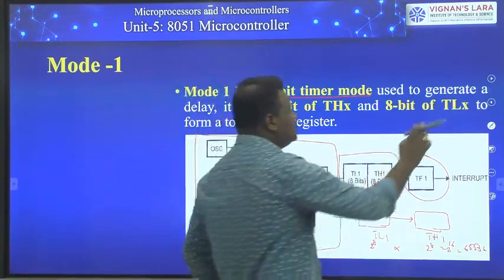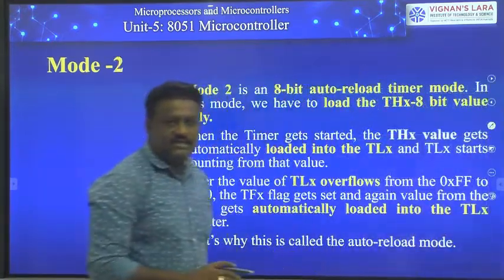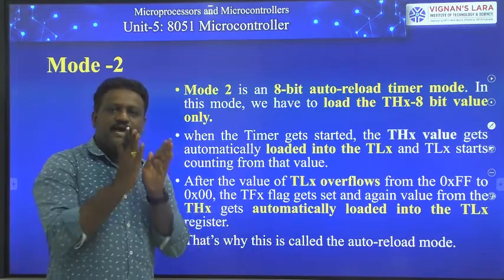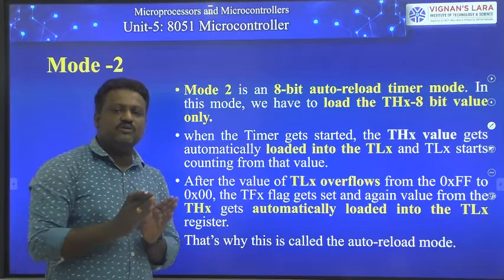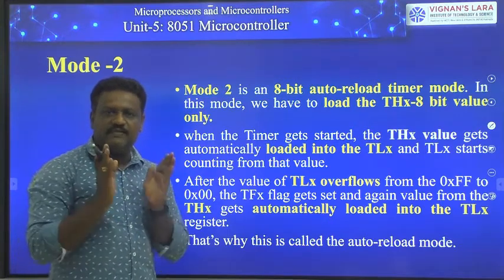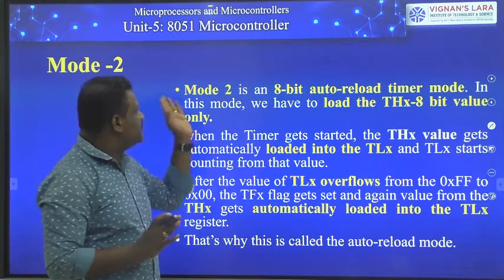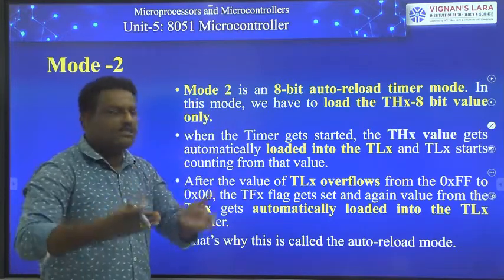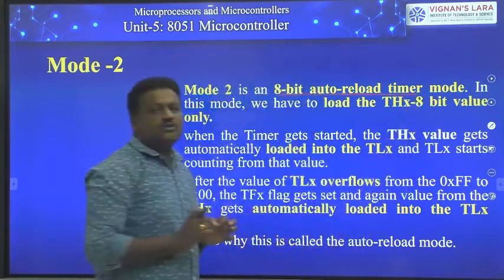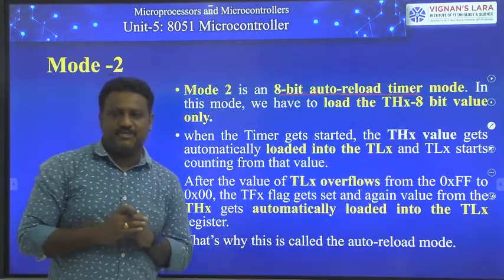Next, I shifted to another mode, that is mode 2 operation. When we get this mode 2 operation, M1 and M0 are set to 10, then your timer operates in mode 2. Mode 2 operation is also called auto reload timer mode of operation.